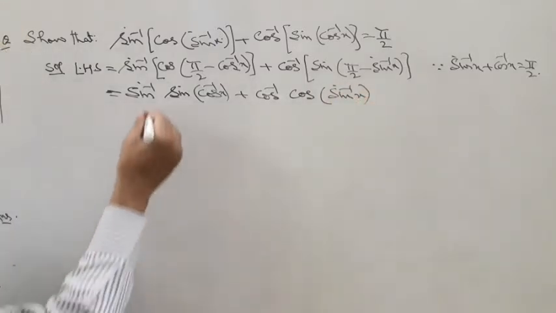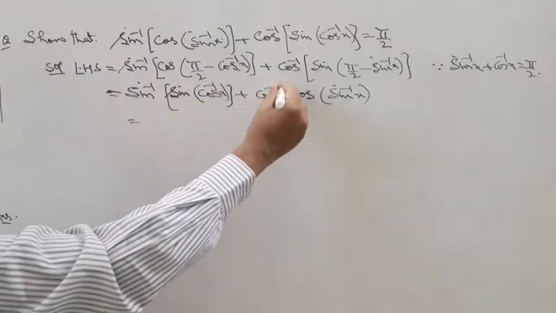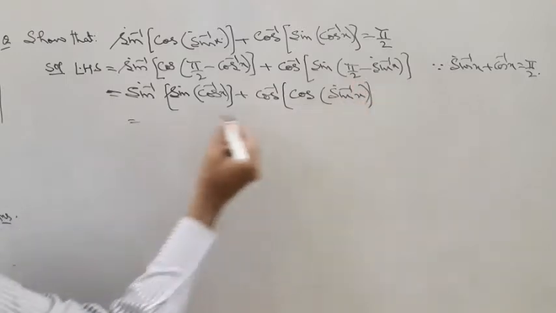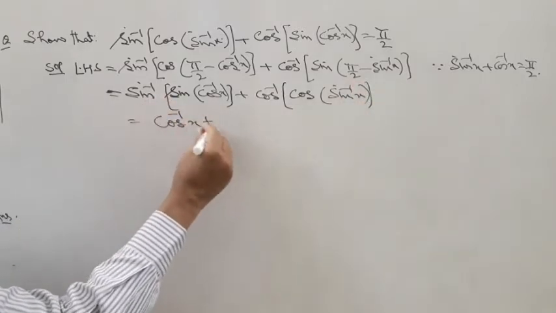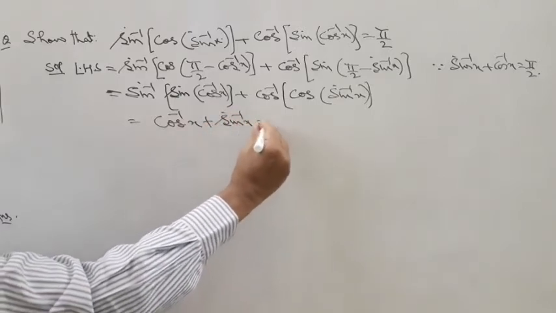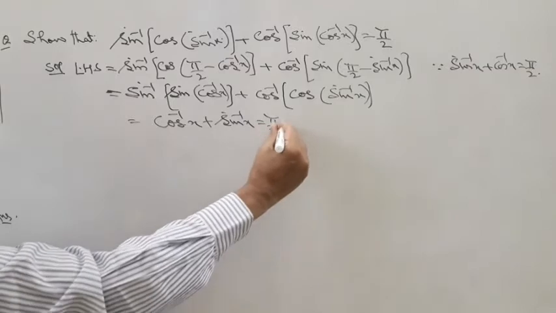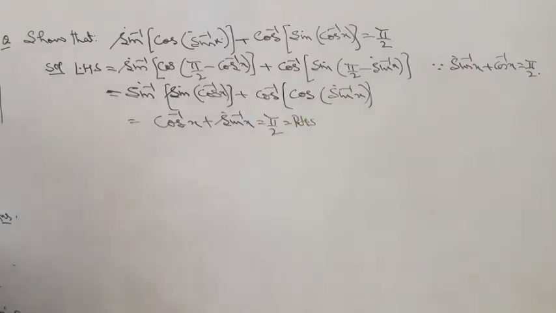And you see, when you apply the property, sine inverse of sine will go, it is the cos inverse of x plus sine inverse of x. This is nothing but equal to π/2, the right hand side. Please note down these steps and check out the additions we have done here. That is the application of the result of inverse trigonometricals.